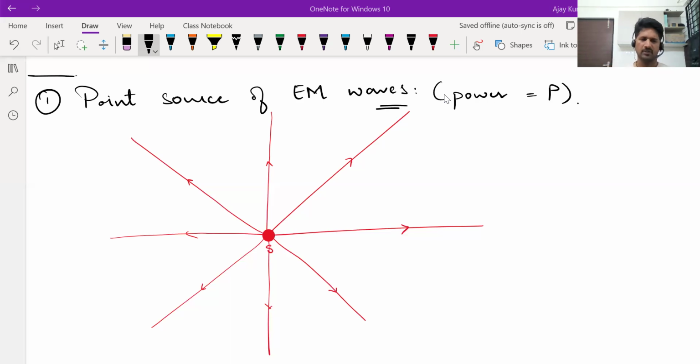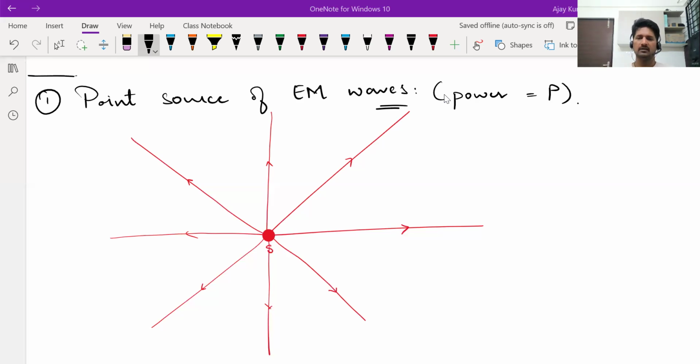One of you tell me from your everyday experience. Suppose there is a bulb, a small bulb, or a small speaker. A bulb emits light waves, a speaker emits sound waves. Both are emitting waves. As you go away from the bulb or away from the speaker, what happens to the intensity that you observe? For example, if it's a bulb, as you go away from the bulb, what happens to the brightness?